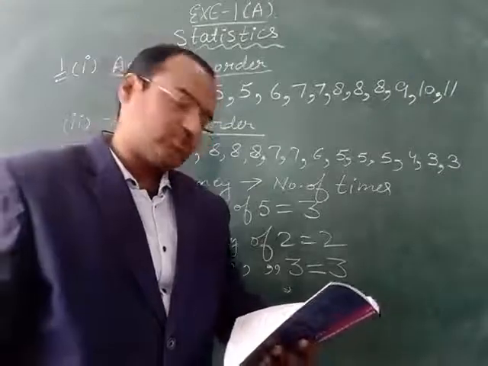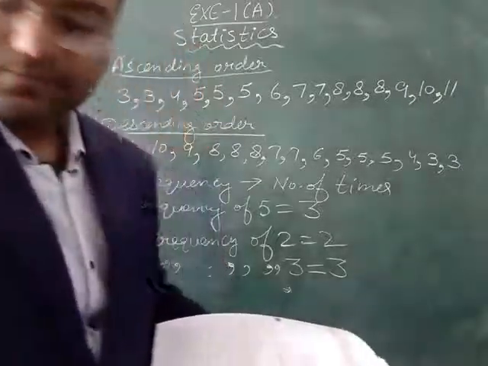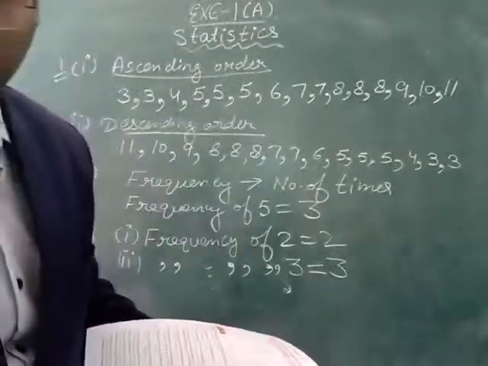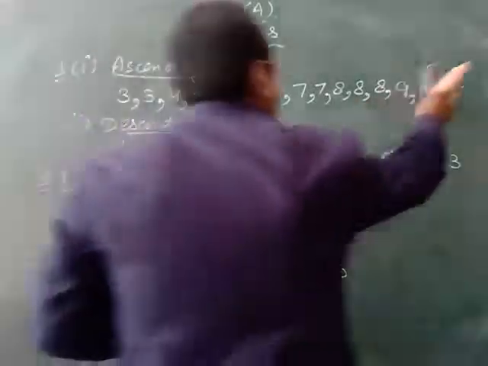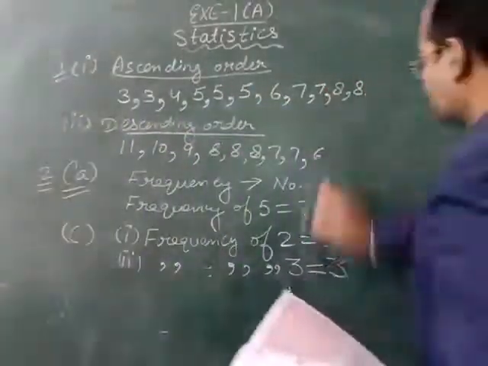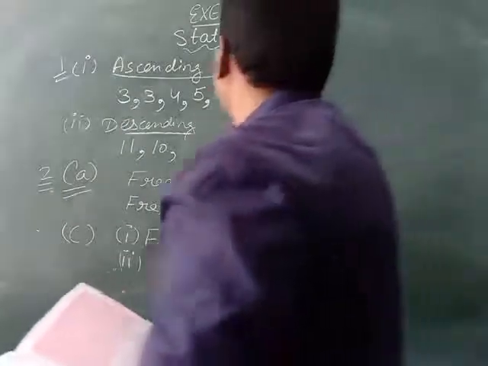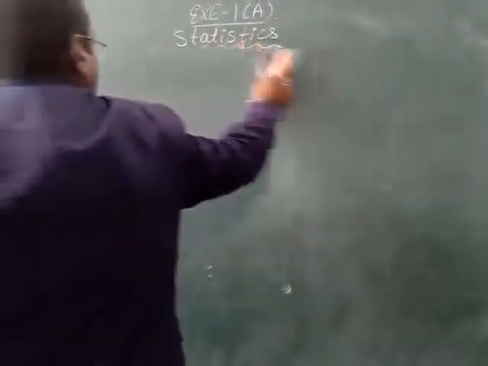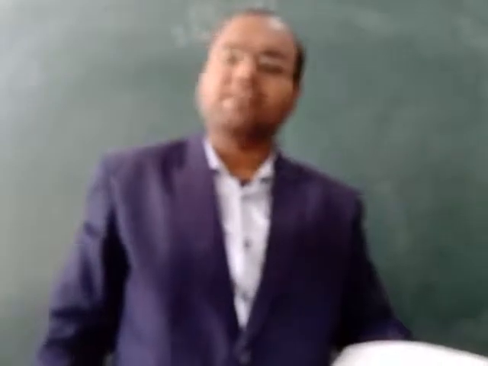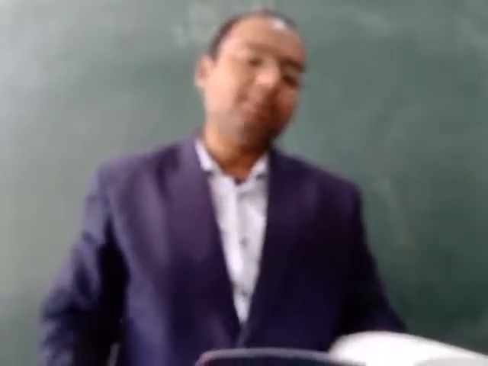Now the next question is question number third. Find the observation which has the least frequency. Least means minimum.